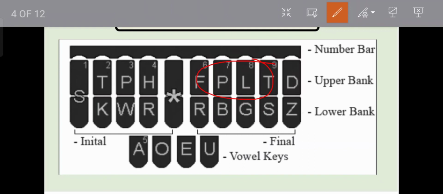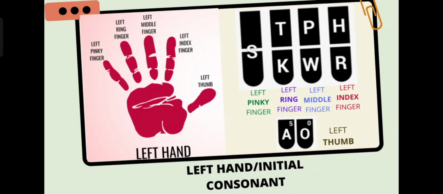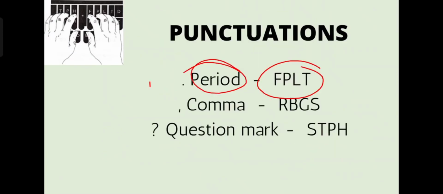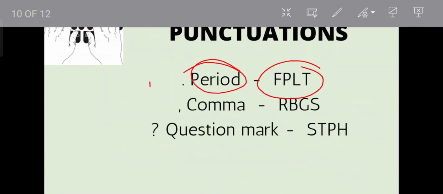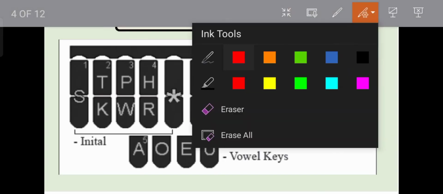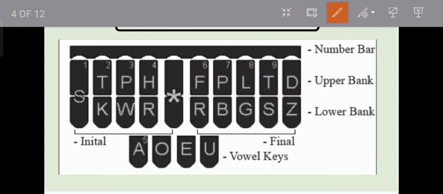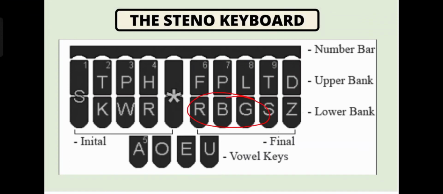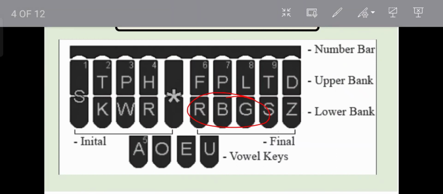That's period. And then we have the comma, RBGS, the lower bank. This one, RBGS. So that's comma. You have to press that one simultaneously or together.